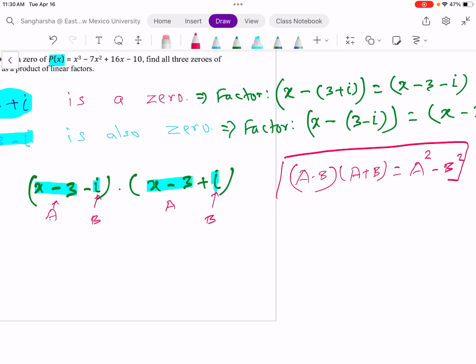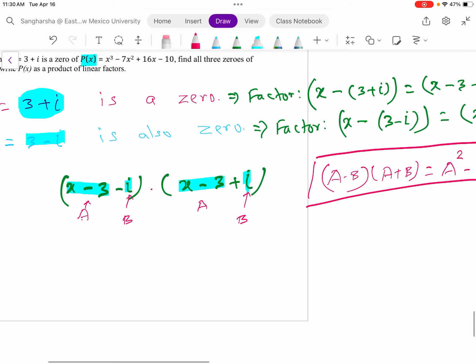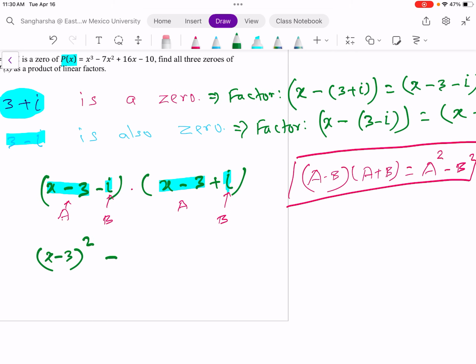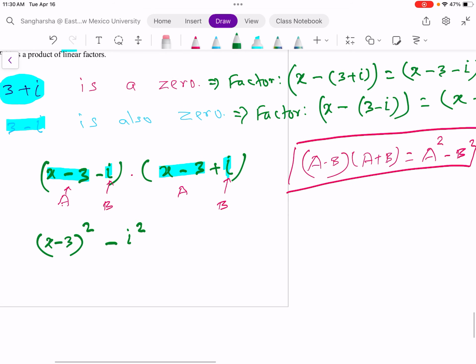Our a is x minus 3, so a squared is (x minus 3) squared, minus b squared, our b is i, so i squared. Or you can just distribute x and negative 3 over each term. You can use distribution, or you can go with this one.